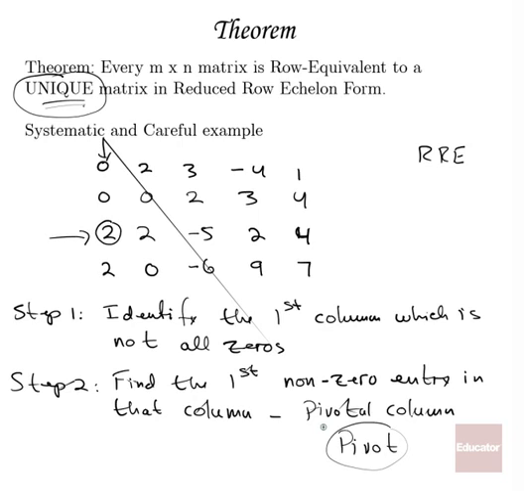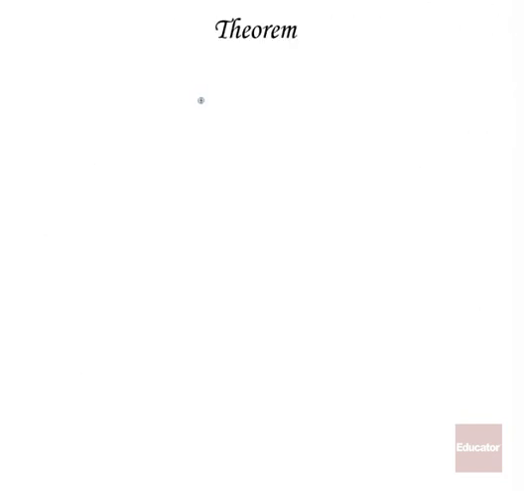What we're going to do here is we're going to take this row, and we're going to interchange it with the first row. So we want the row that has the pivot in it to be on top. So I'll write out step 3.